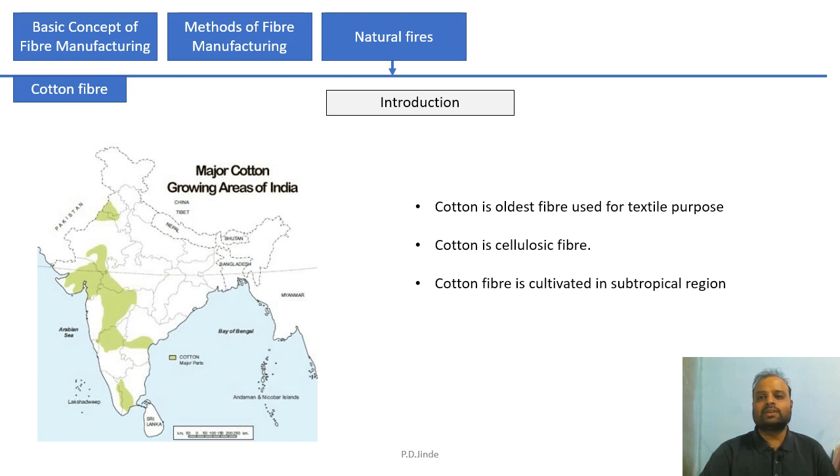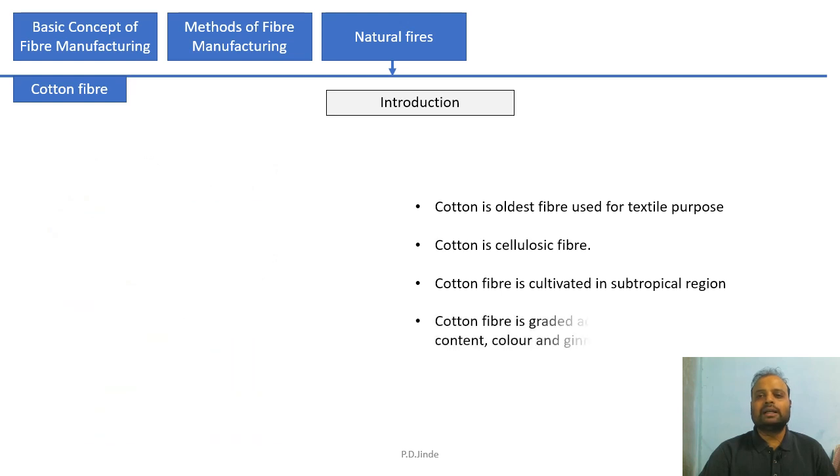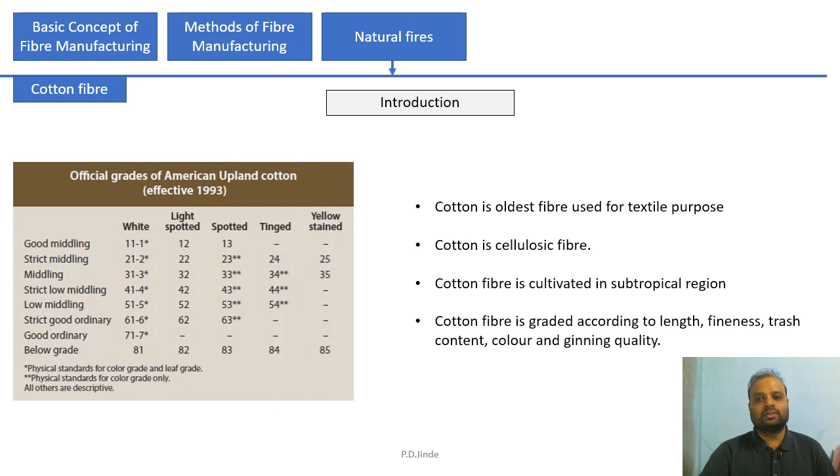Once the fiber is harvested from the farm, it is sent to a ginning operation where seeds are separated from the lint. Cotton fibers are then graded according to length, fineness, trash content, color, and the quality of ginning, as shown in this figure.